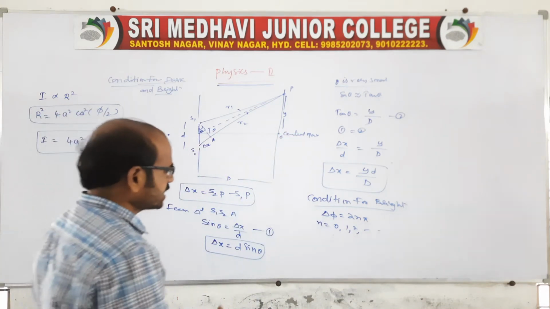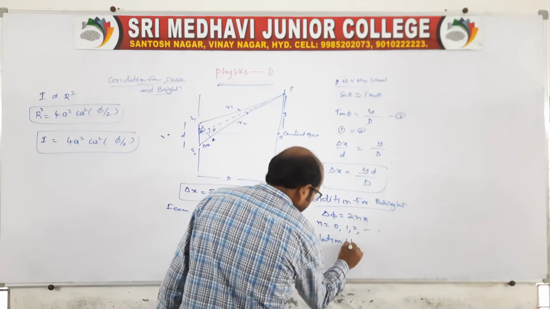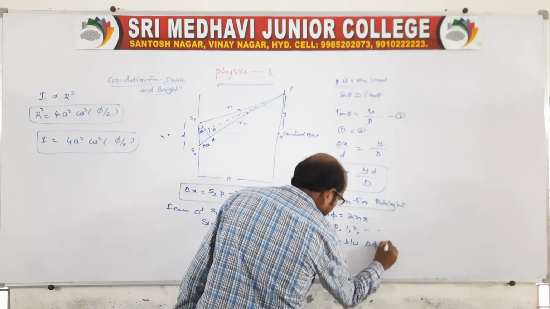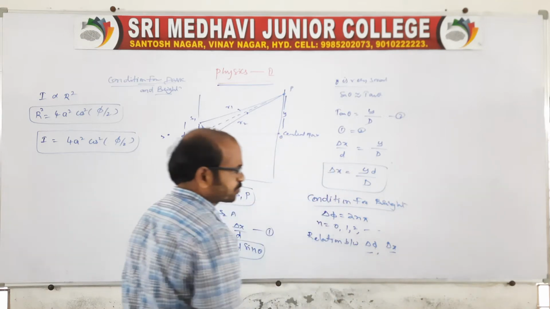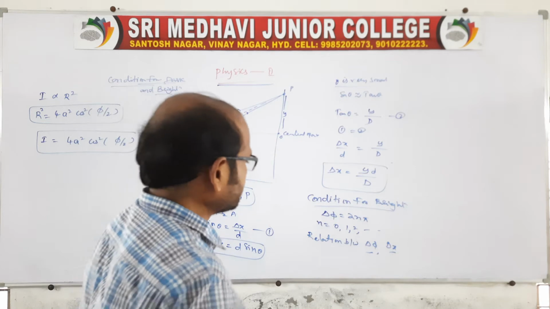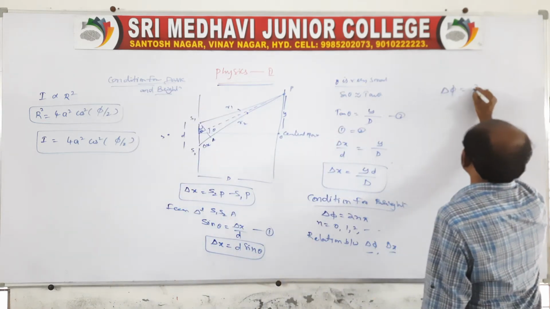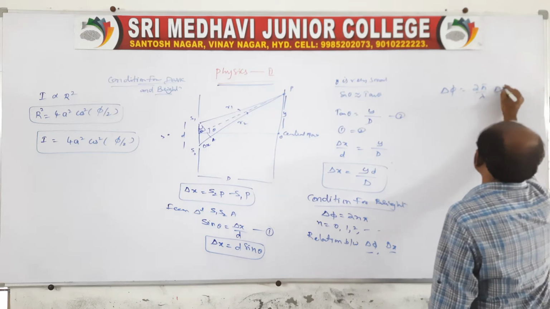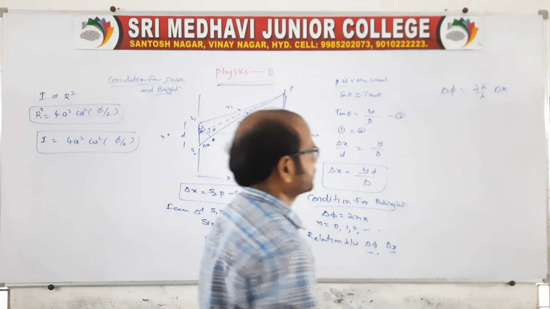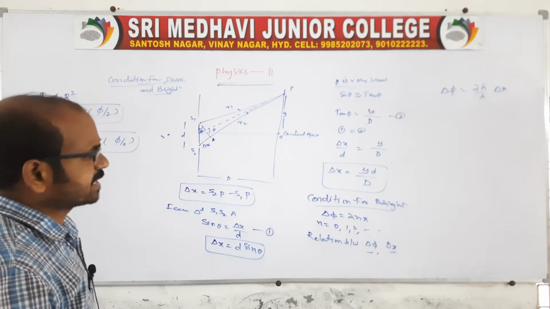Now there is a relation between delta phi and delta x. In the first chapter, on waves, we already derived this relation: delta phi is equal to 2 pi by lambda into delta x. Now we have to get the expression for the condition for bright and dark.